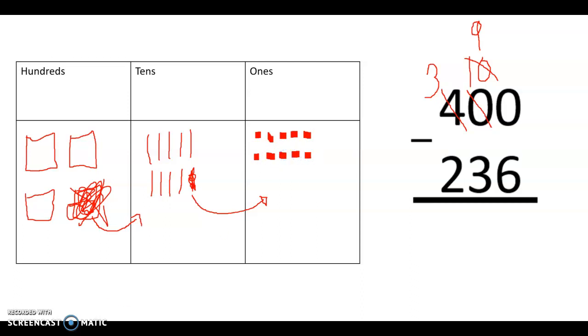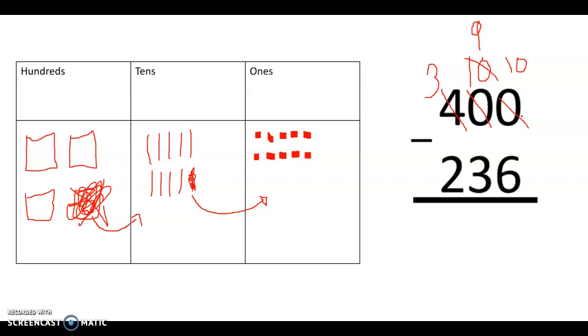All right, so what I just did is I took that 10 from here, brought it over here, and if you look, I've got 10 ones in the ones place. And remember, this has become a 9.